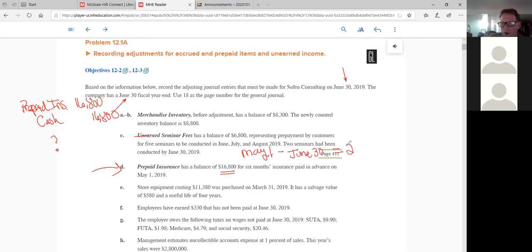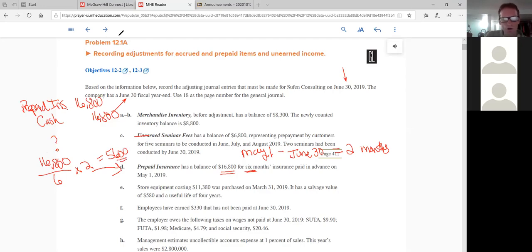We all know that is 2 months. So you take that 16,800, divide by 6 because we paid 6 months in advance, and then multiply that by 2. That should give us right around $5,600 of expense.